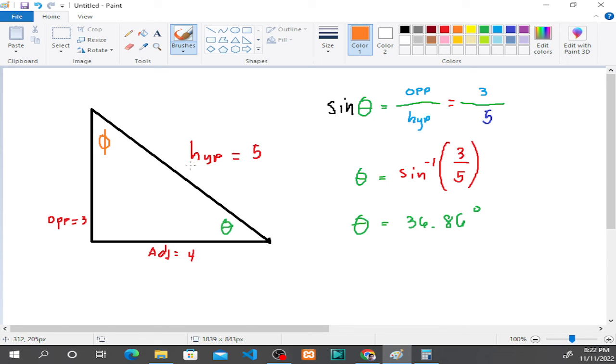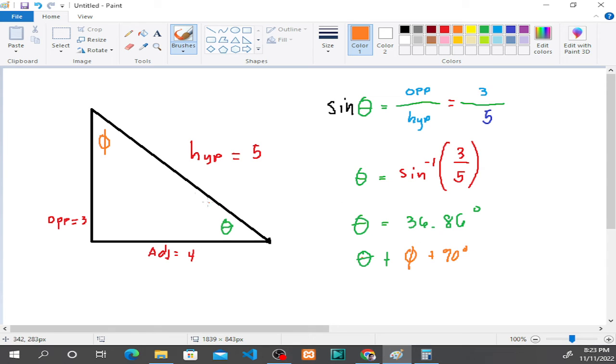We can use the relationship that we built a while back, that the sum of the angles of a right triangle is equivalent to 180. So if I have angle theta here, plus this angle, plus the 90 degrees.